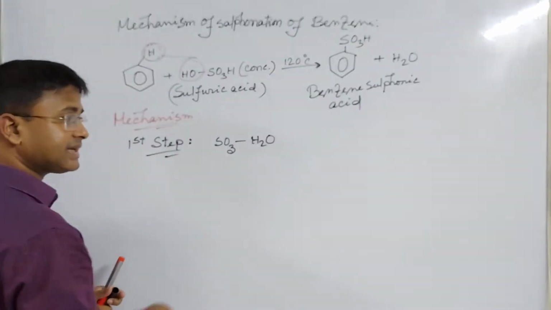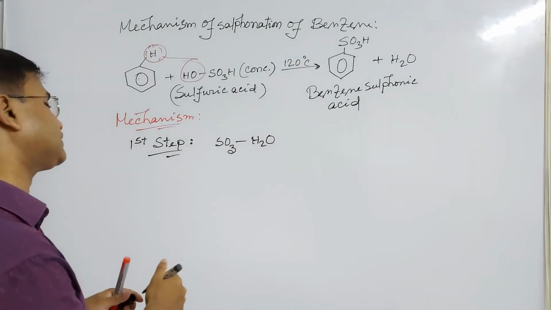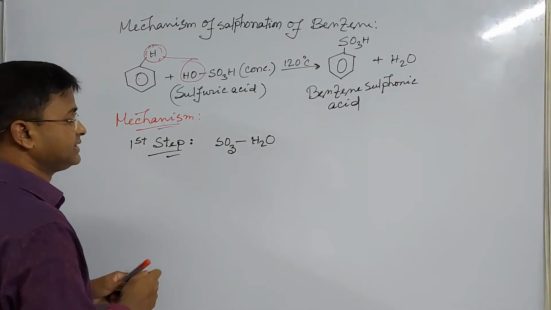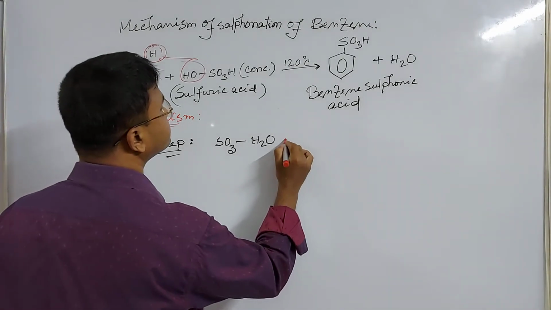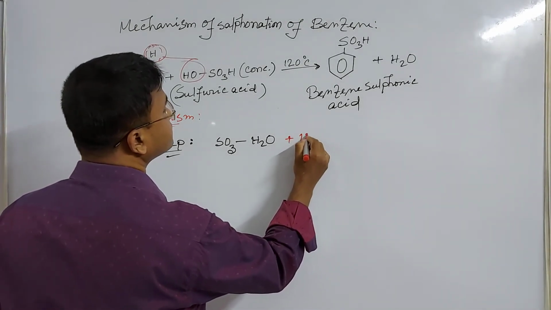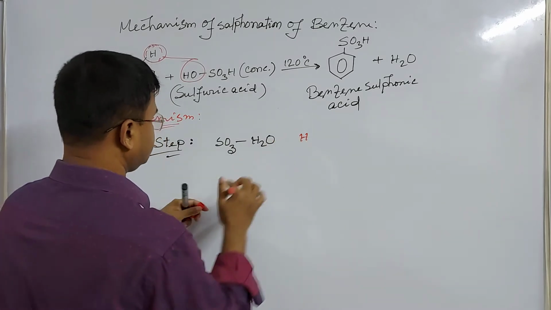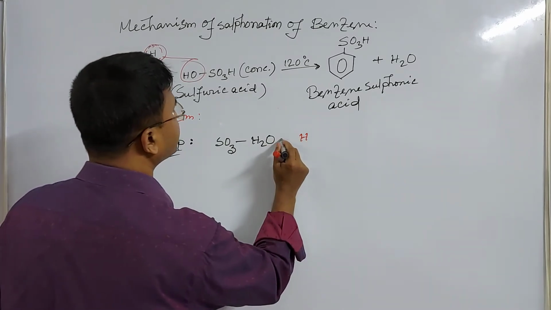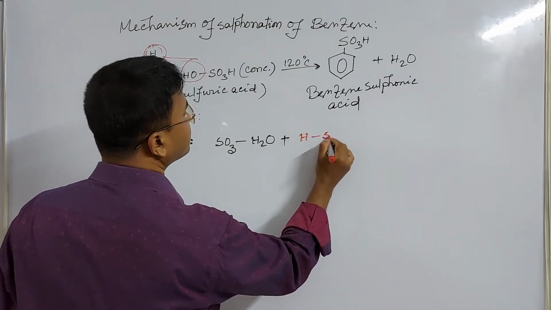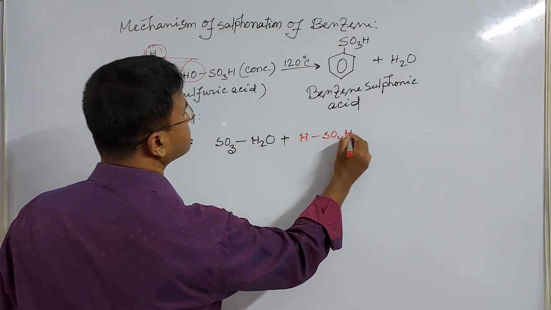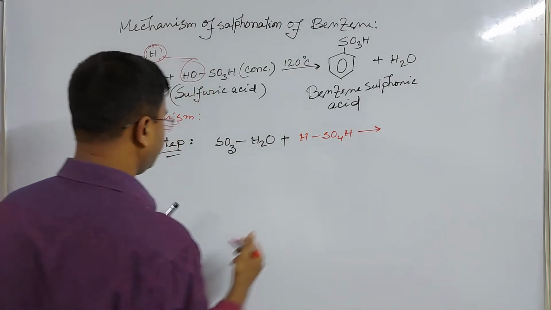I have written sulfuric acid in a different way, just to make you understand easily. And this is another molecule of sulfuric acid, SO4H. Now what will happen, my dear students?